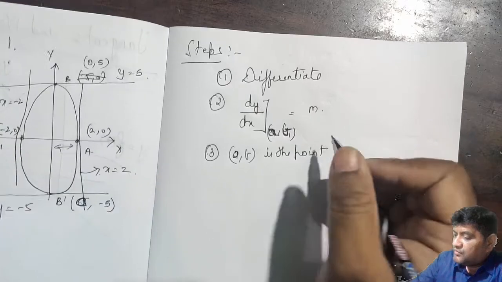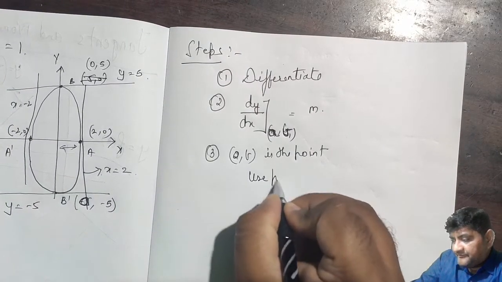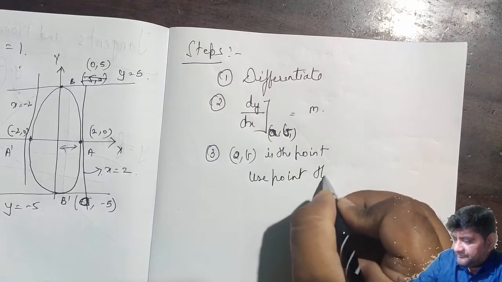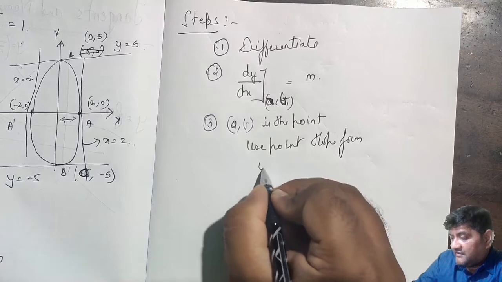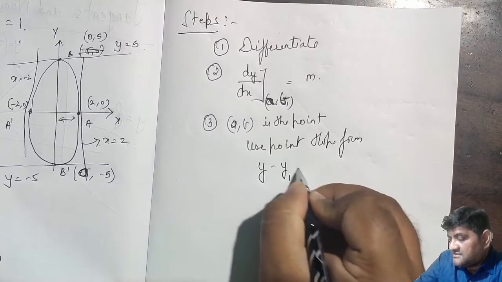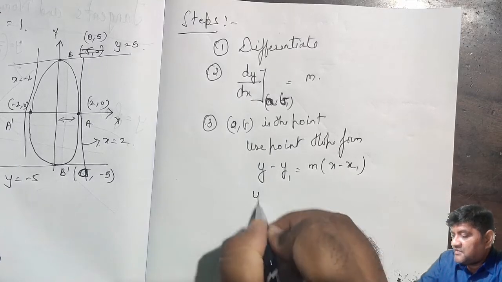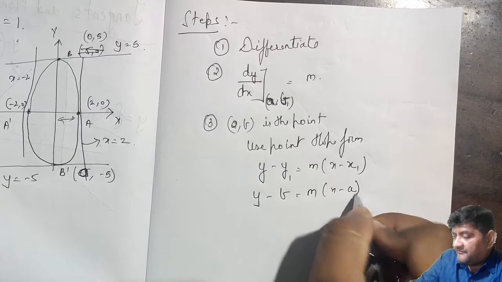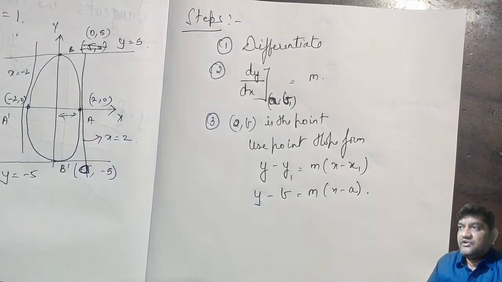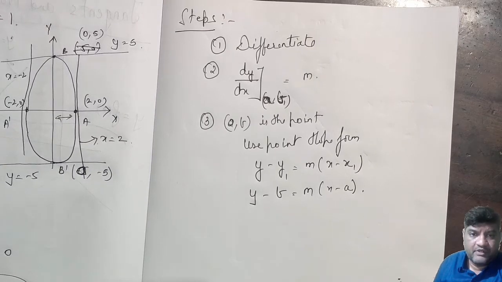This is the point. So what do you do now? You use the point slope form. What's the point slope form of an equation of a line? y minus y1 is equal to m into x minus x1. So in this case, it's going to be y minus b is equal to m into x minus a. That's the steps of solution to find the equation of a tangent to a curve when the point is given to you.